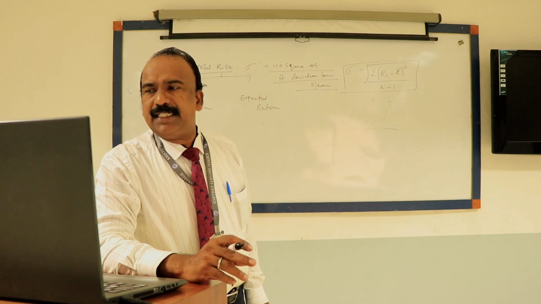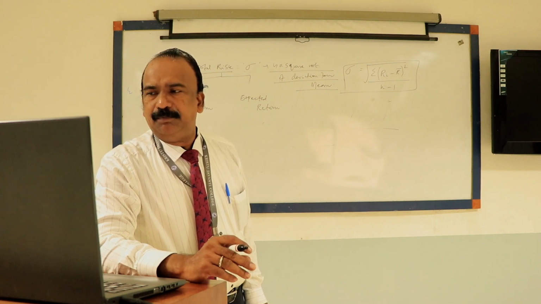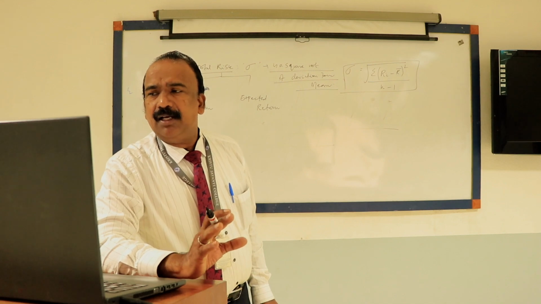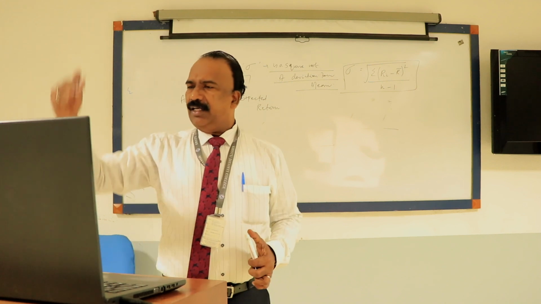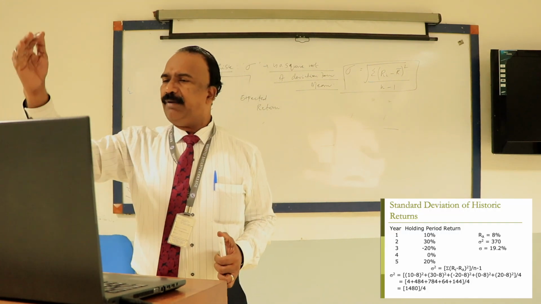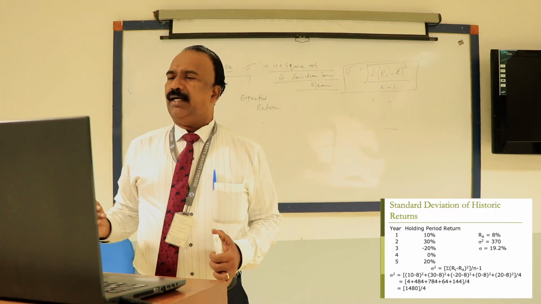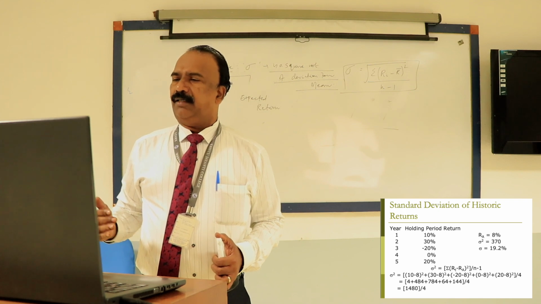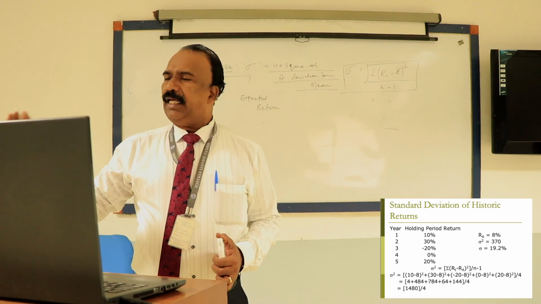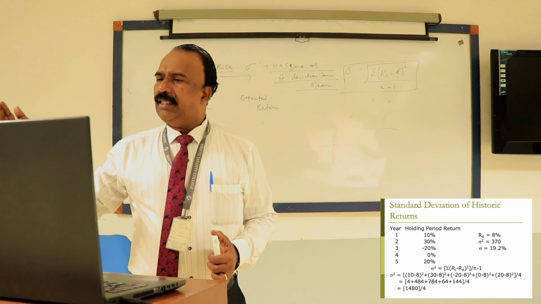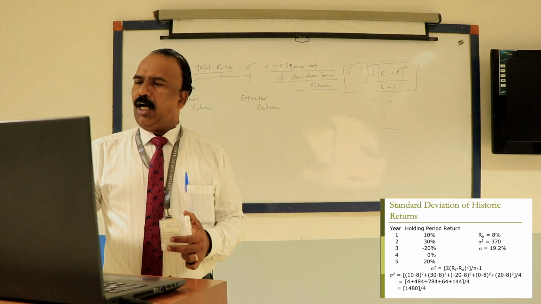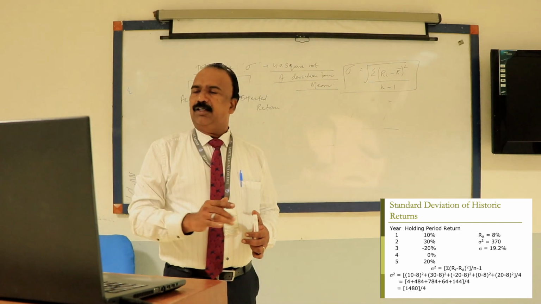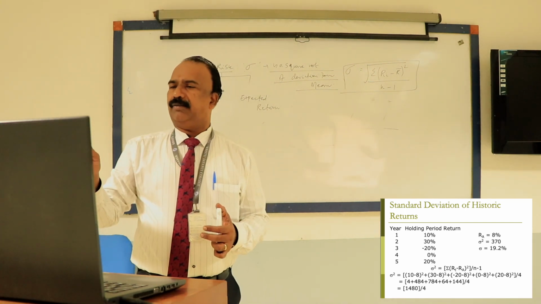So how do we get the entire standard deviation? First get the average return, which is total return divided by number of years. Then subtract the average return from the return given, that is Ri minus R bar.